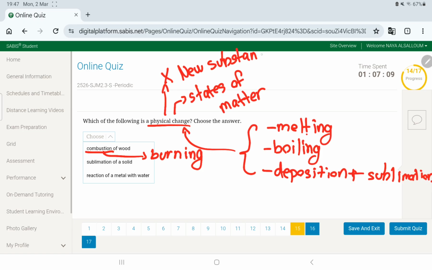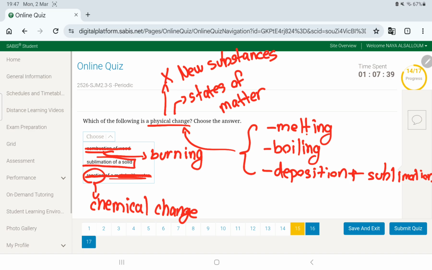Combustion of wood, it forms ashes. Directly new material, wrong. The reaction, interaction, flammability, all of these, whatever, like reaction or interaction, is a chemical change. But what are we looking for here? Here we're looking for a physical change. So do we need this? No.